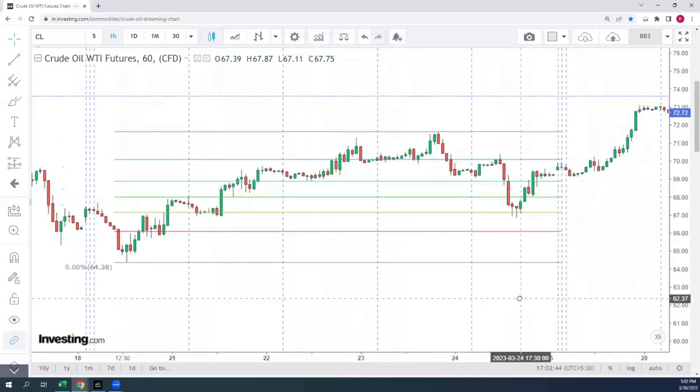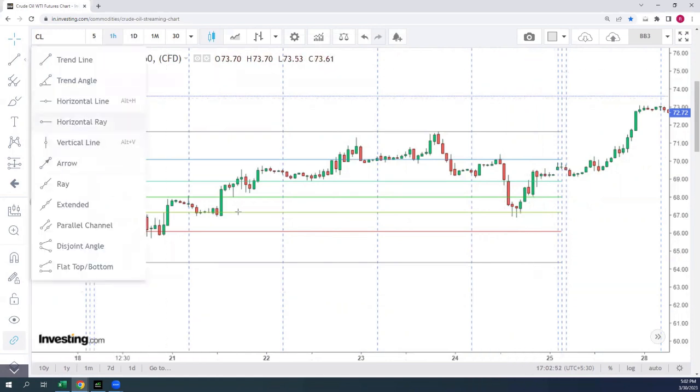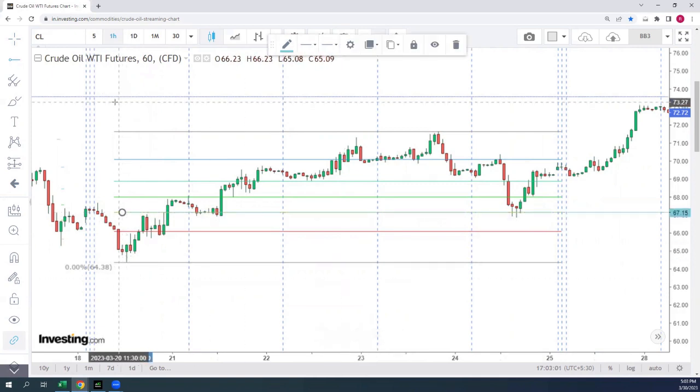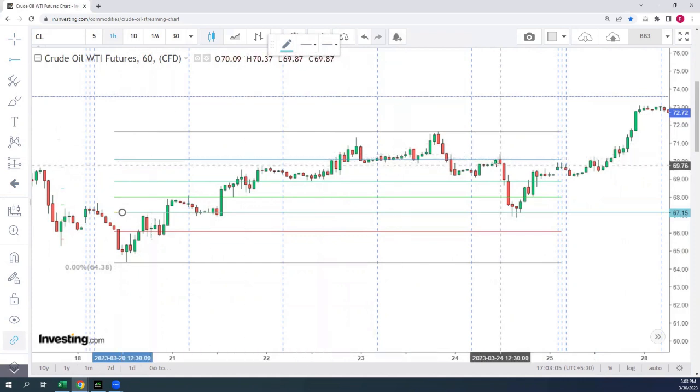My Friday trade was the most exciting one because it was very, very clear. If I put a supply and demand zone, you can clearly see that this is the supply zone here, here there is a demand zone, and here there is a supply zone. I'm talking about Friday alone, guys.